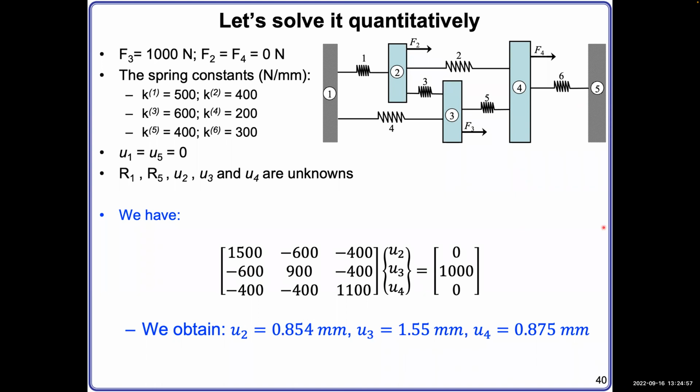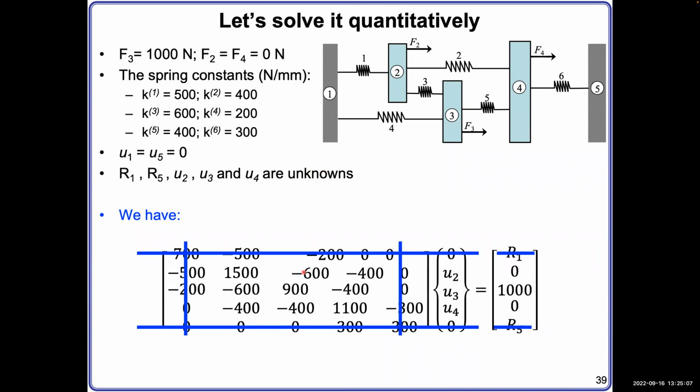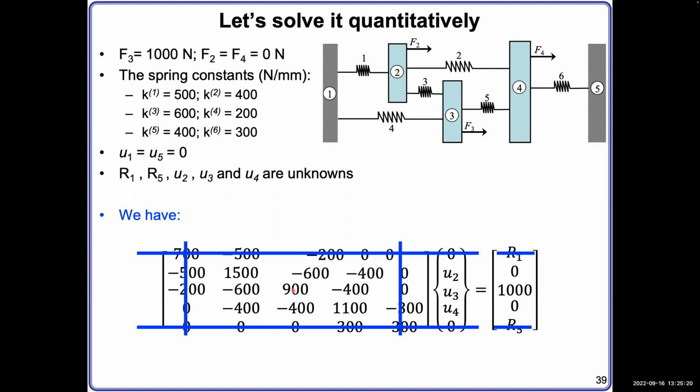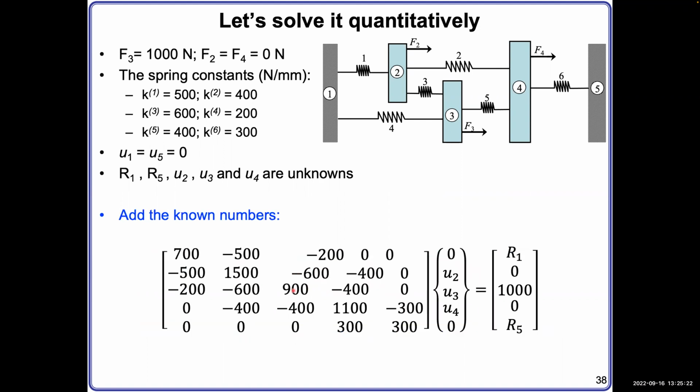Thomas has a question. Is that 900 supposed to be 1200? You are talking about this one, Thomas? This one is 900. Let's see. This is the middle one, right? Which number is this?